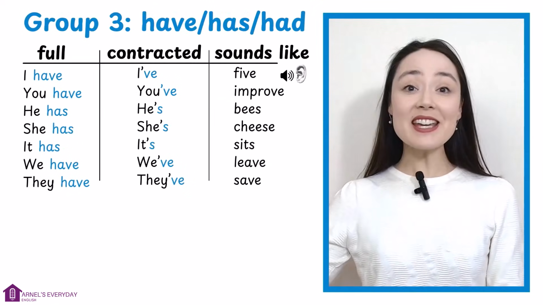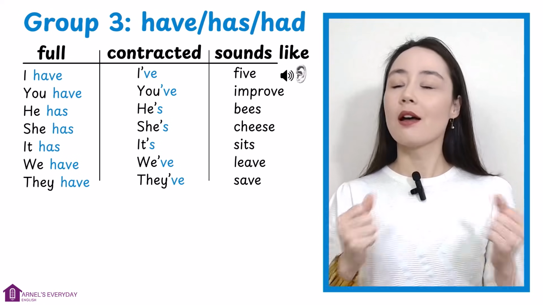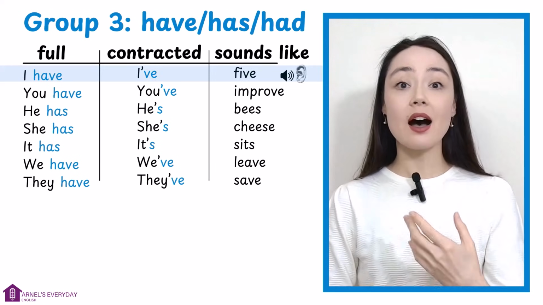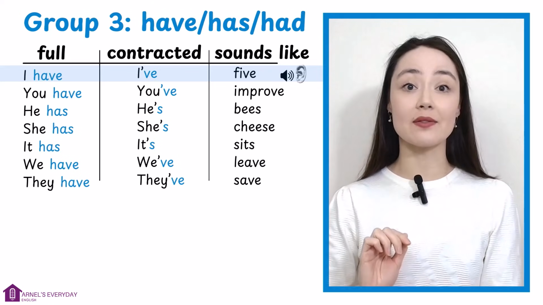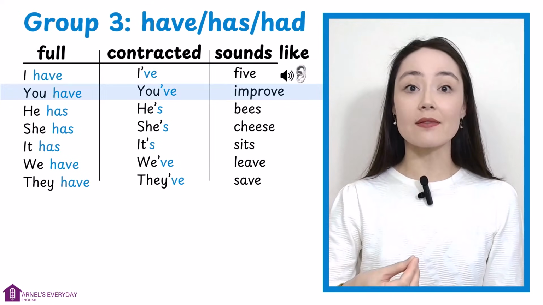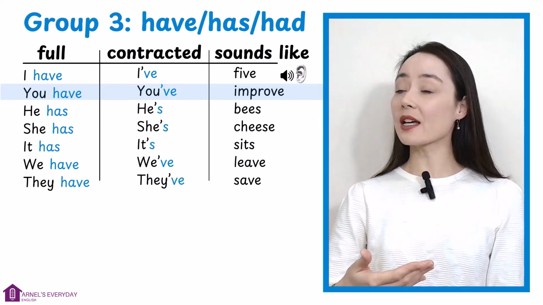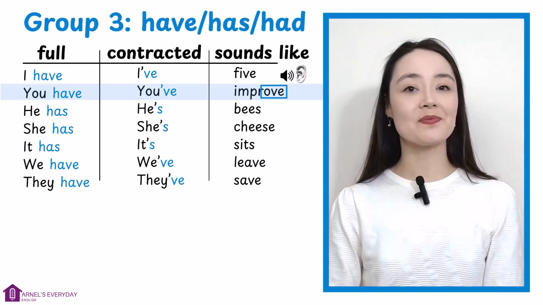Group number 3, have, has, had contractions. Let's do this together. I have, I've. Sounds like five. You have, you've. Sounds like improve. Same ooh sound.